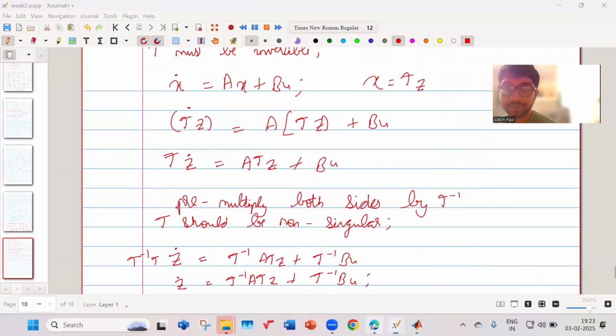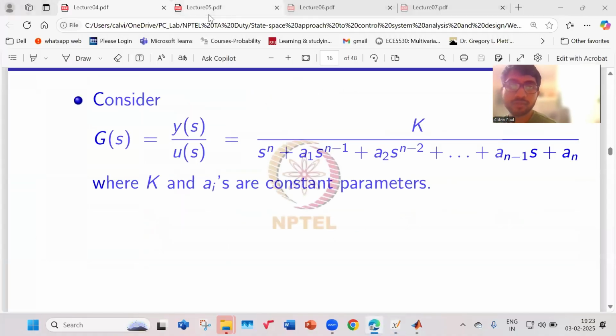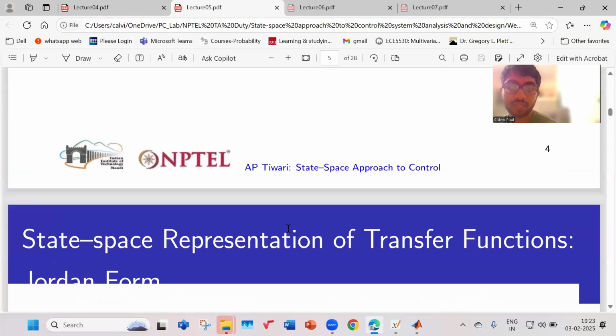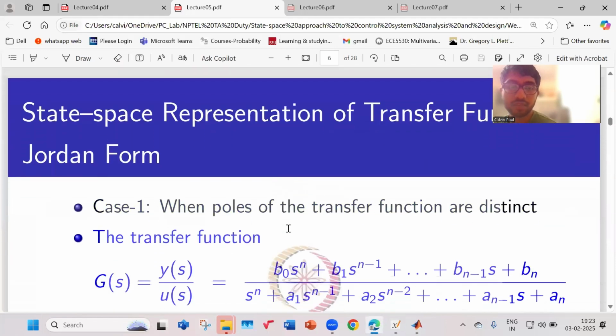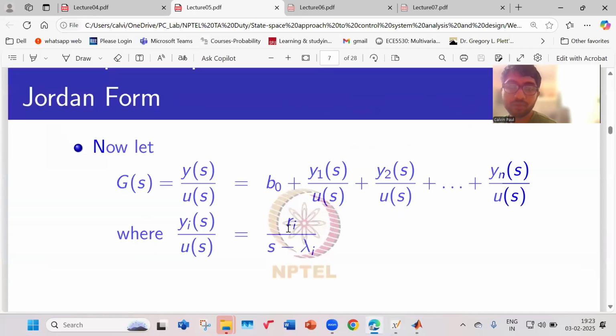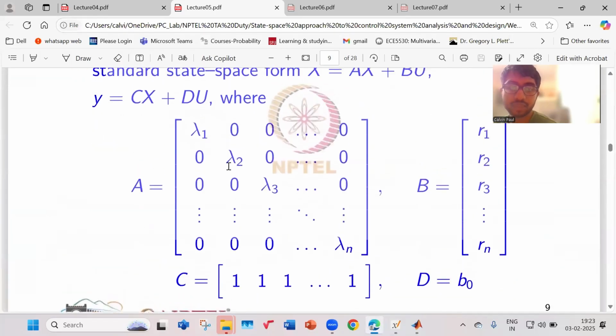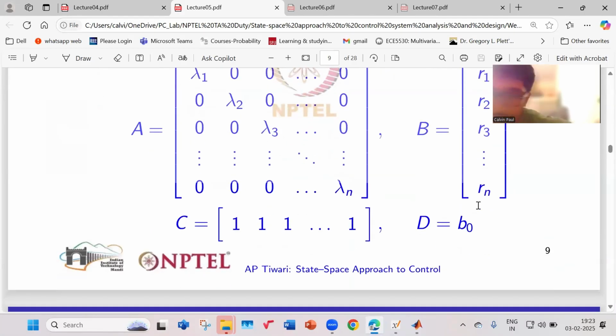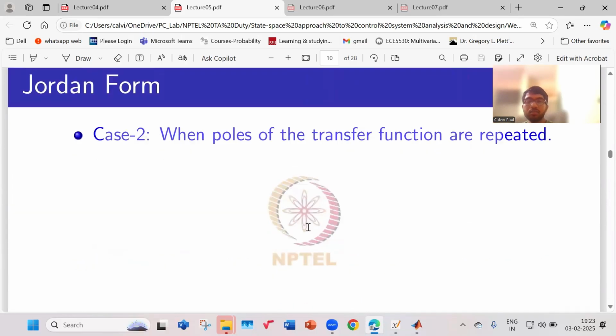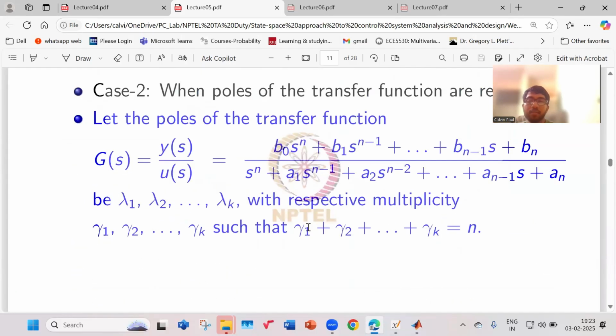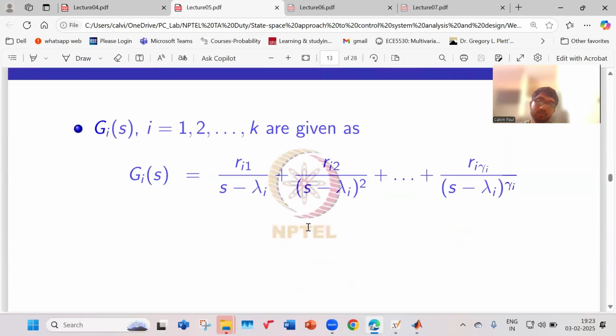Okay, so lecture 5 deals basically with the Jordan form. This is how the poles come in the diagonal form if they are not repeated. These are the residues of those poles, and this is the C matrix which comes like this. And if they are repeated with multiplicity n, then what should be done?